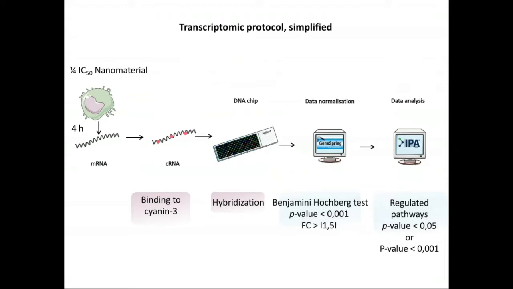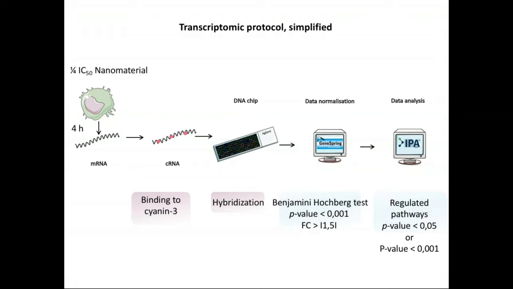We treated the cells with not the IC50, but a quarter of the IC50, to not have a high toxicity, but to have the initiating events, the first answers of the cells, to allow us to detect as many pathways as possible.